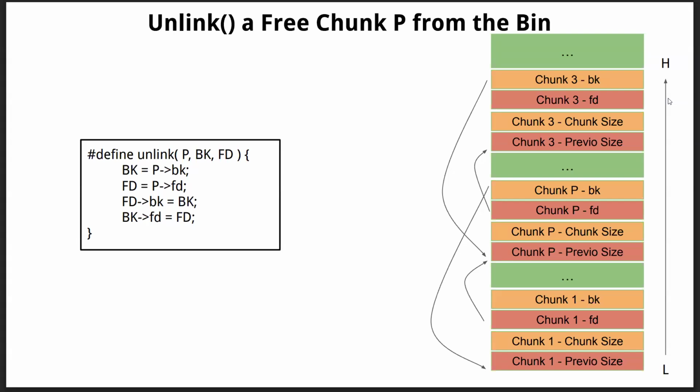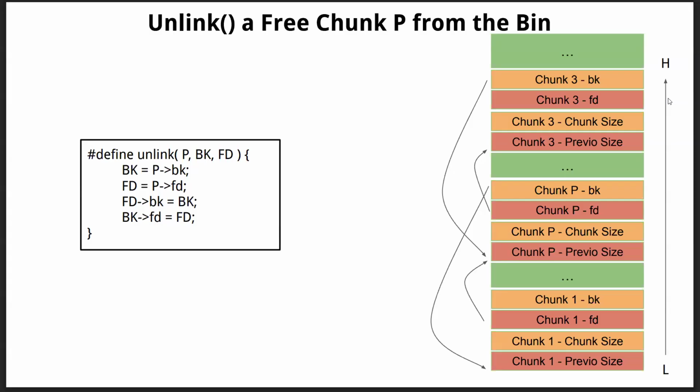The problem here is this piece of code, those 4 lines. For the current chunk P, this one, BK will be changed to what P's BK is. The forward one will be changed to what the forward is. So basically to remove this chunk out of this link, right?